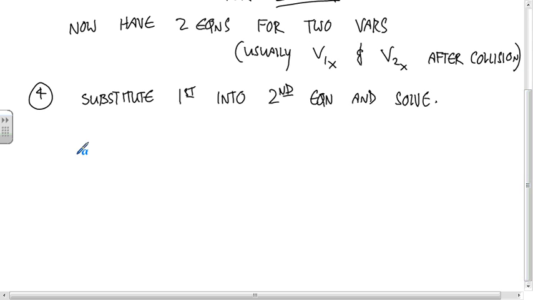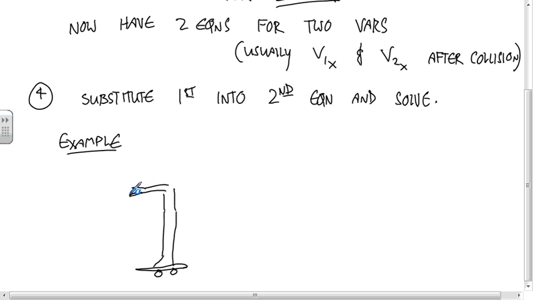So I'm going to go through these steps with the same example problem we did, but this time we still have the skateboard. We still have the person on the skateboard, but this time, instead of catching the ball, it bounces off of him.